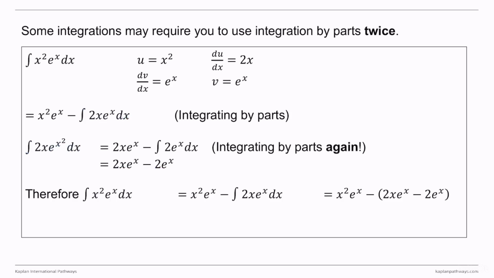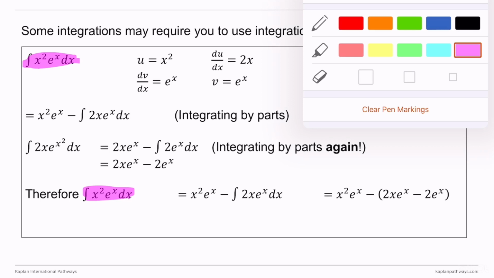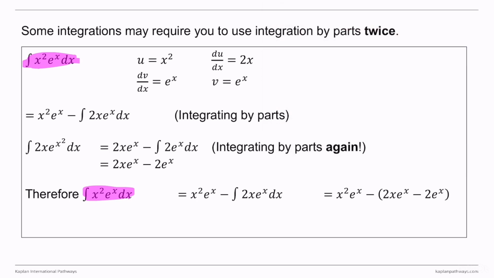Ta-da! So that means the original question, which is this, equals what? It equals, let's say in yellow, this part, which is this one here, minus, instead of this integration, which color did I do the integration in? Turquoise, okay.